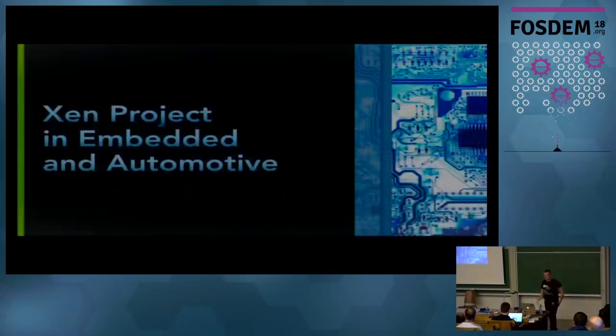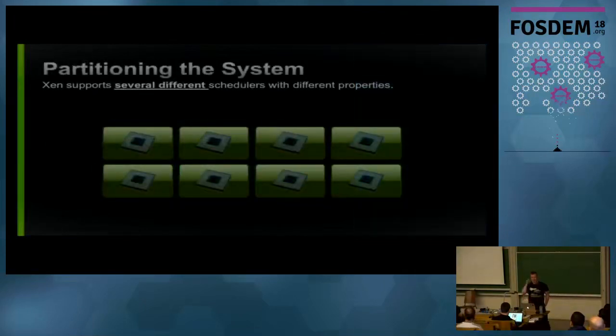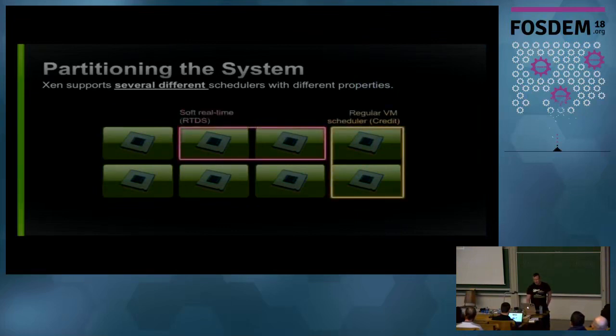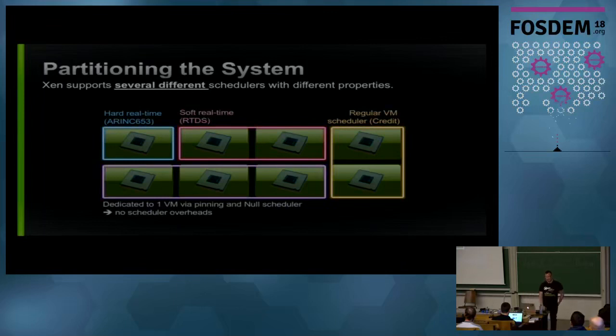Now, embedded and automotive. One of the interesting things is being able to partition a system. In Xen, we have a lot of different schedulers with different properties, and you can assign these schedulers to different groups of CPUs on the system.